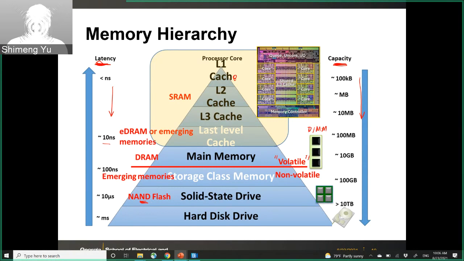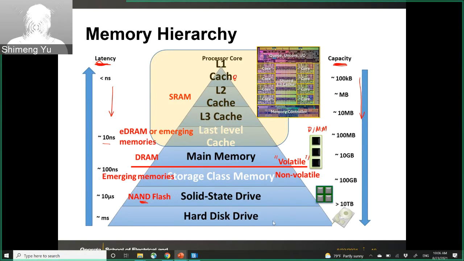So it's much slower than DRAM or SRAM, but you can carry more bits on the flash. That's how you store your video and images on your SSD. You can have hundreds of gigabytes, 256 gigabytes, 512, or even today a 1 terabyte SSD.